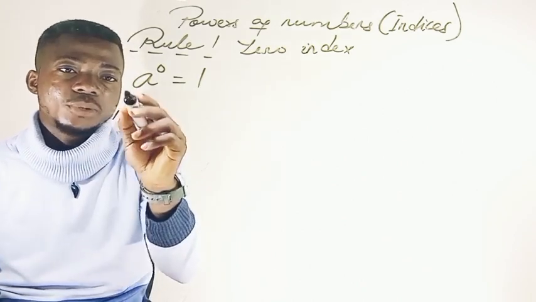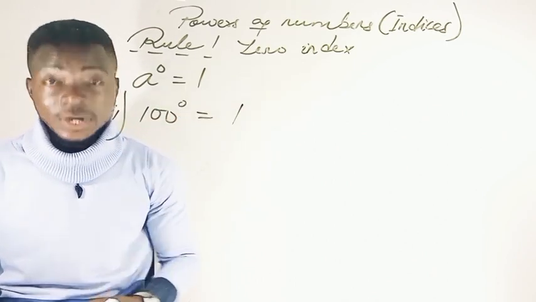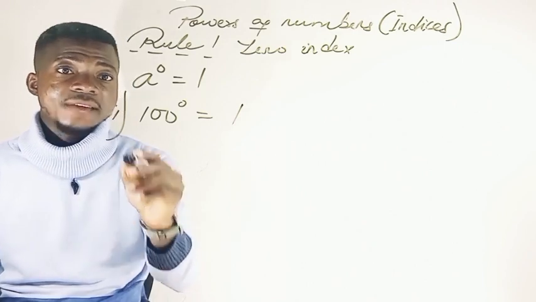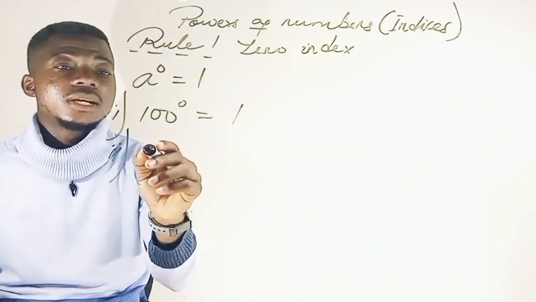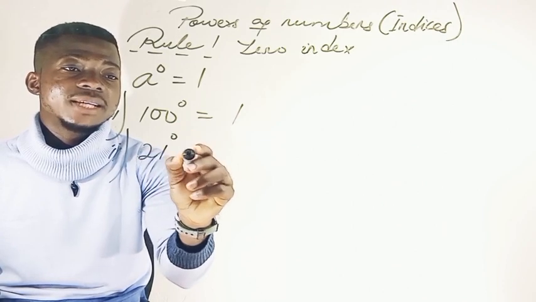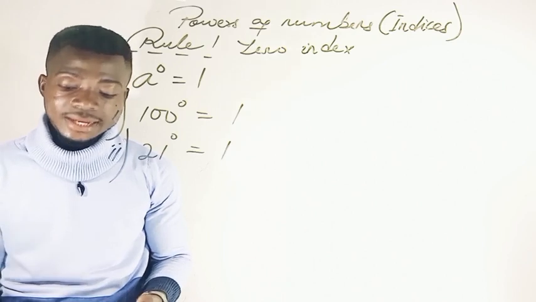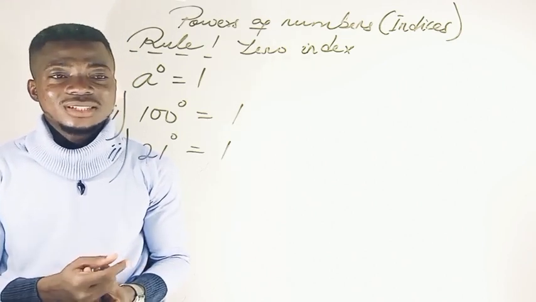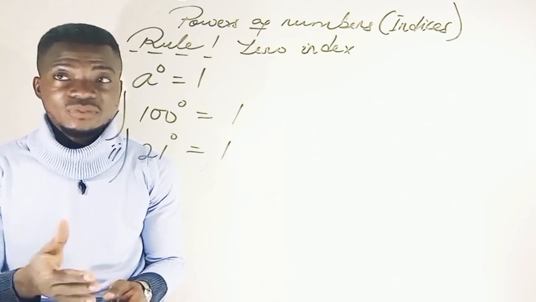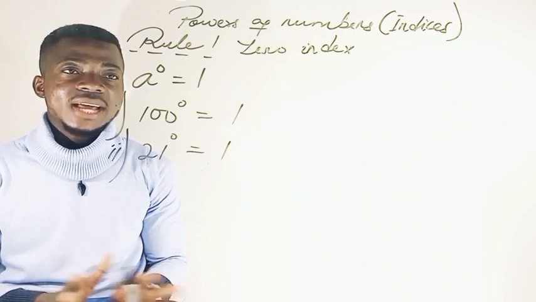So example, if I give you 100 raised to the power 0, it's 1. All right. If you have 21 raised to the power 0, the answer is 1. Okay, and that's it. It goes like that. Okay, and this one can be proven. It's a very simple way to prove it. If you have any number raised to the power 0, take note that is 1.